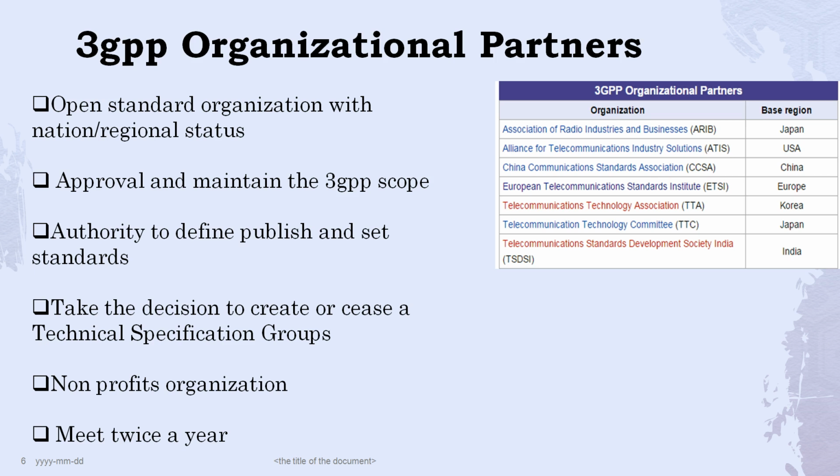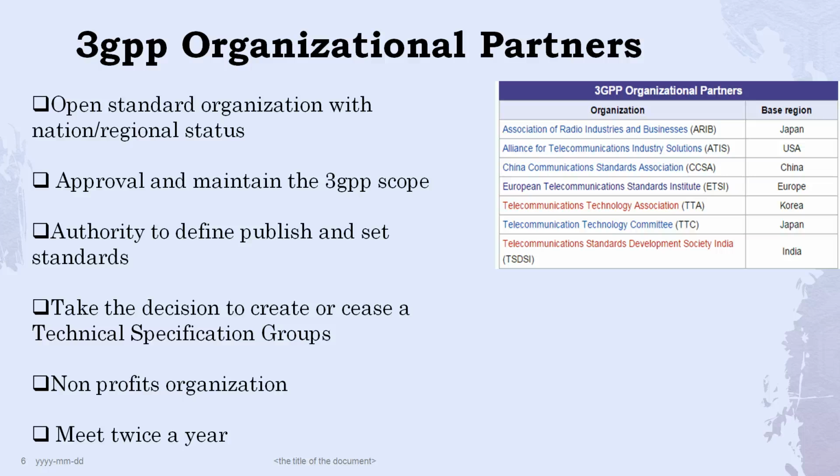So let's talk a little bit about the organizational partners, the OPs. Their responsibility, or what they do, is that they're an open standards organization with national and regional status. They approve and maintain the 3GPP scopes. They have the authority to publish and set new standards.